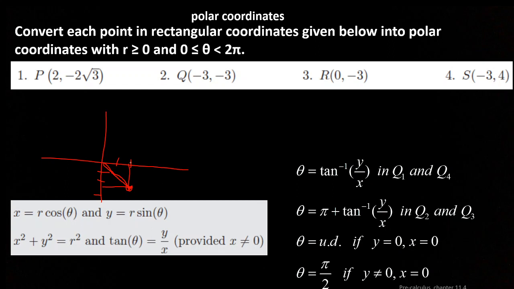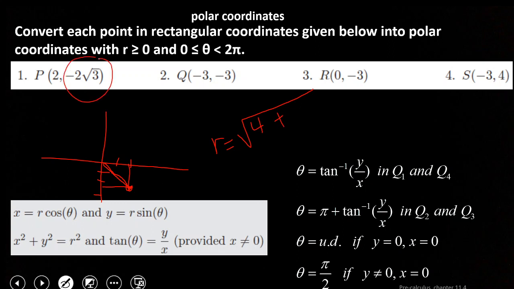That distance is r, the square root of what? r is just the square root of 2 squared, which is 4, plus this squared, which is 4 times 3, which is 12. So that's 16, and r is basically plus or minus 4.